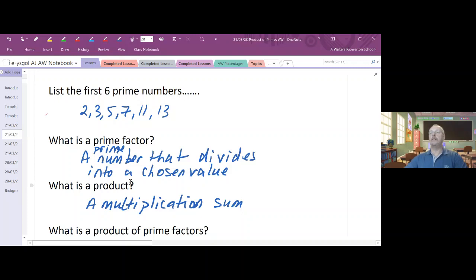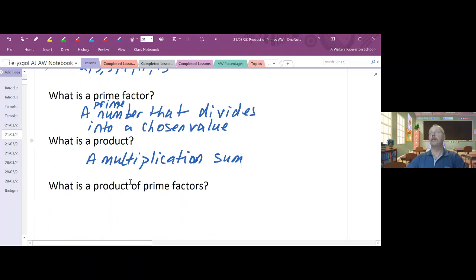And the last question asks, what is a product of prime factors? We're using a few of the definitions above. It's a multiplication sum using the prime numbers.